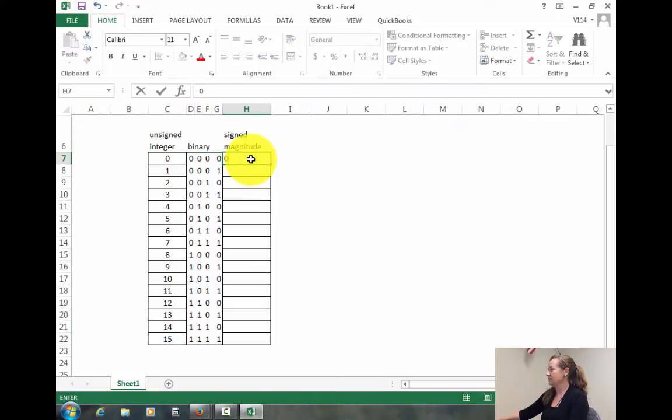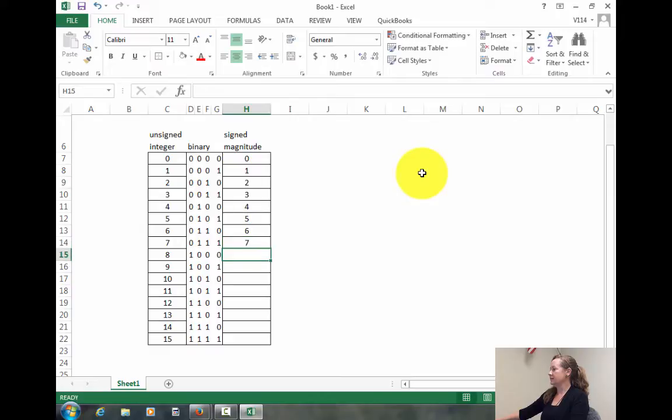Okay, does everybody see? This will be our decimal representation of these numbers. We can represent this number in decimal right here. What number is this? If I said, hey, this is signed magnitude, what number would this be? 1. That's pretty easy. How about this one? 2, 3, 4, 5, 6, 7.